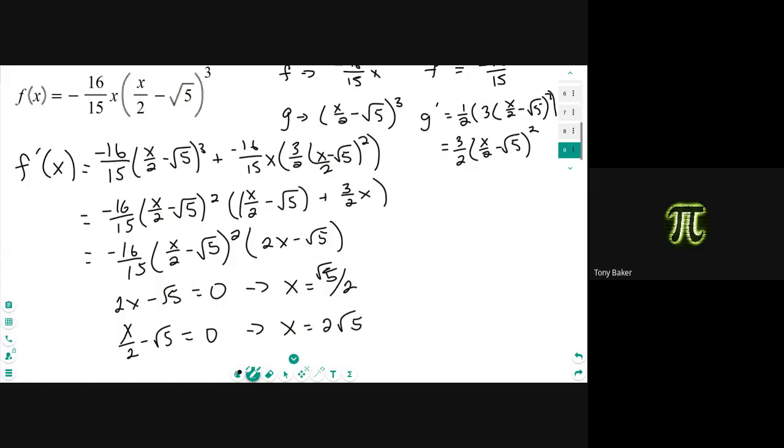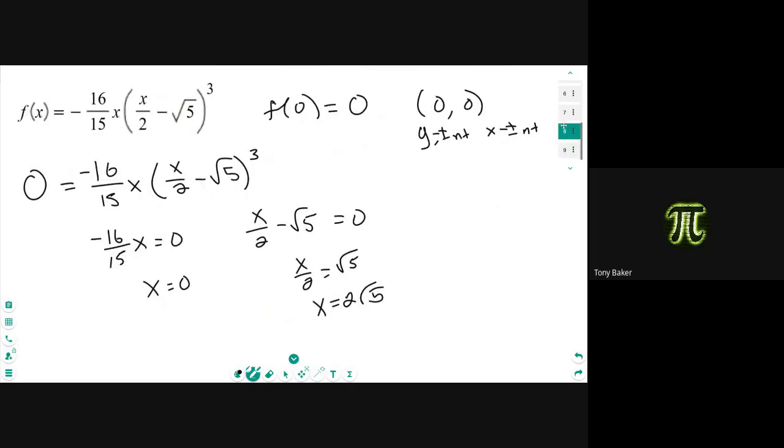And that one should look familiar because that was a 0 in my original function. So if we look here, that's a 0, right? So how many times is that a 0? What's the multiplicity of that?